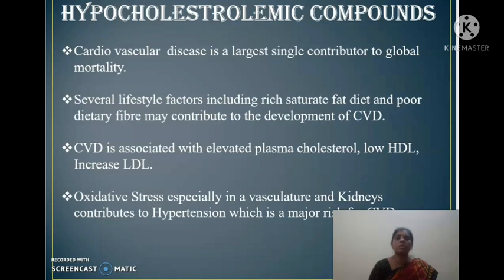The first is the saturated-fat-rich diet and the next is the poor dietary fiber diet. Both are very important. CVD is associated with elevated plasma glucose, lower HDL and increased LDL. Oxidative stress, especially in the vasculature and kidneys, contributes to hypertension, which is a major risk of CVD.